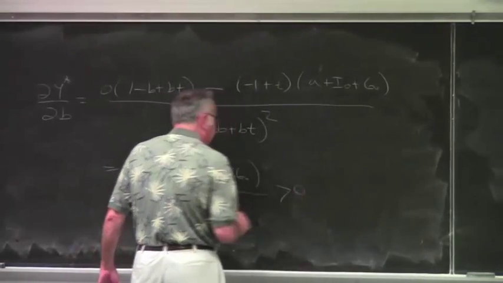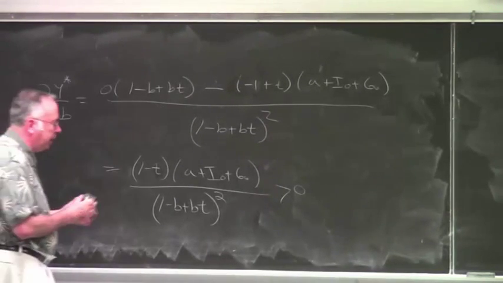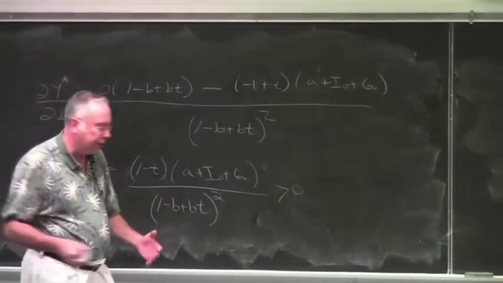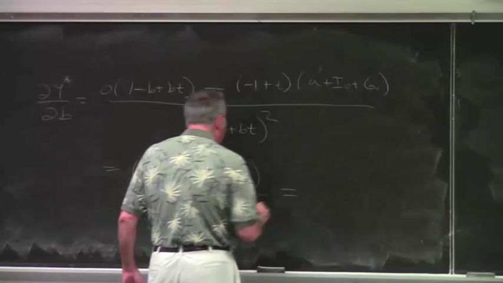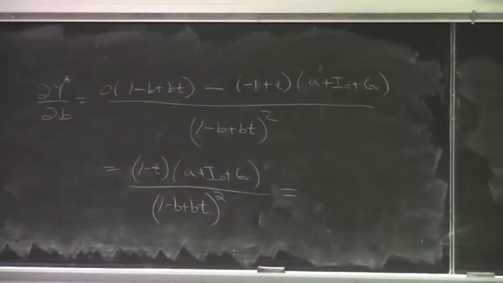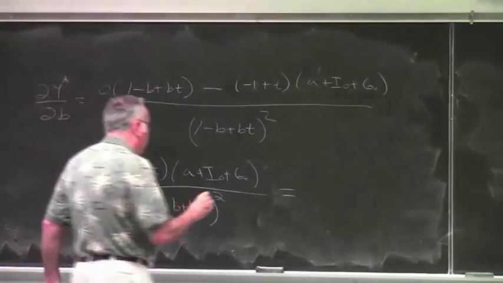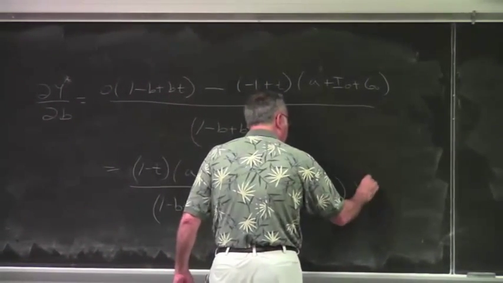In fact, not only is it positive, but how could we rewrite this in terms of y star? Get a feeling for the magnitude of this. If we look at the expression for y star, exactly. 1 minus t times y star.